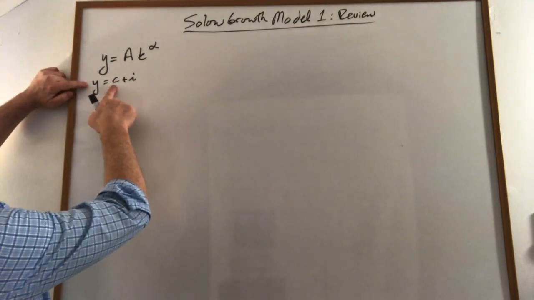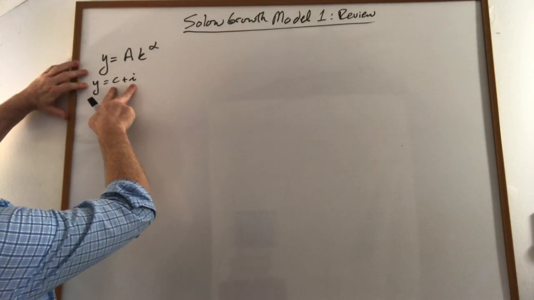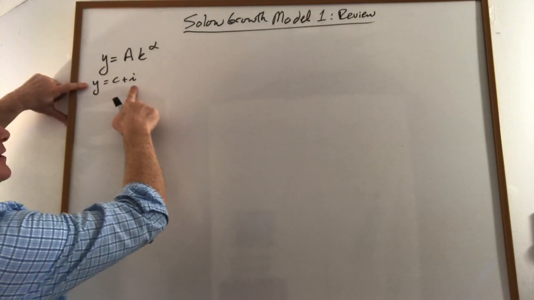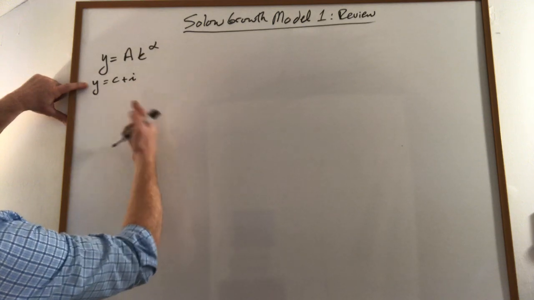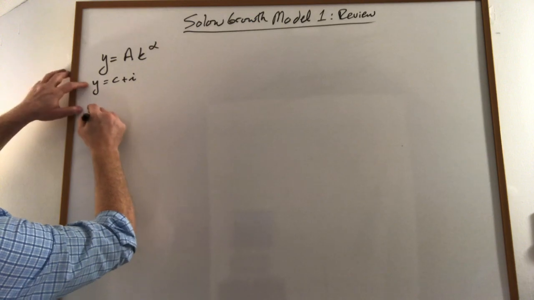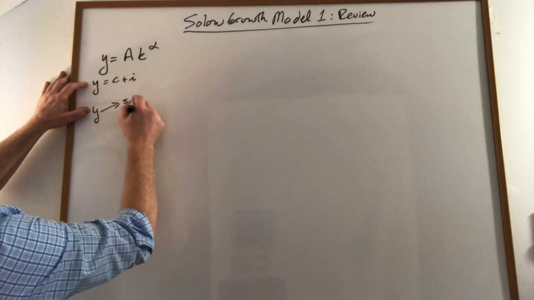Notice y is just broken into these two things. So any income you get either goes to consumption or it goes to investment. How much goes into investment is how much you're saving. So we define a savings rate, and so y basically gets broken into the amount you save.